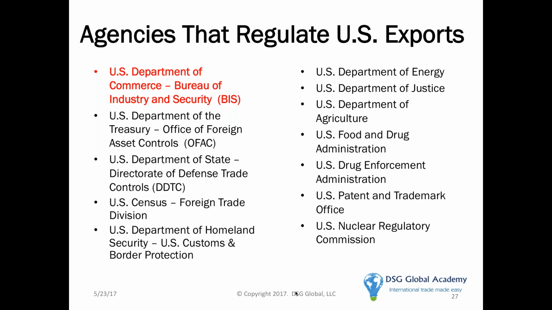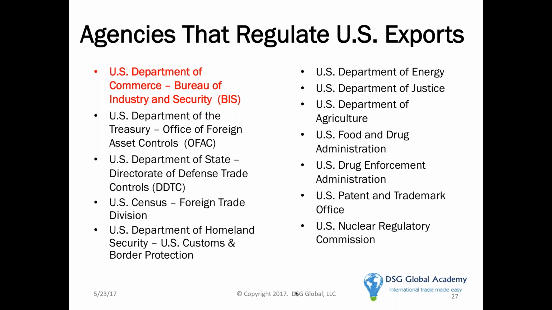And their job is to see that sensitive goods don't fall into the wrong hands. The Treasury Department, the second one, they manage two things. Not only the Office of Foreign Assets Control, which deals with shipping to any embargoed nation, such as Iran, Syria, the Crimea portion of Russia.